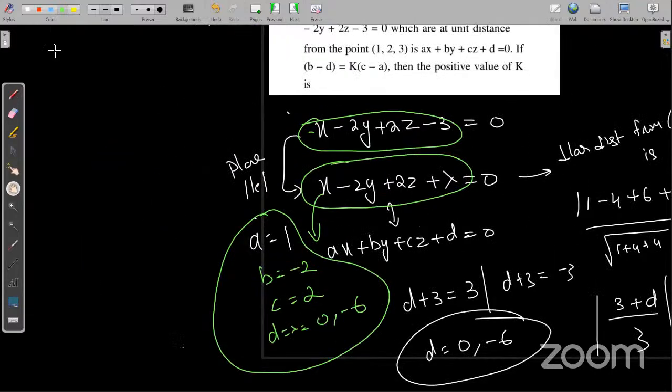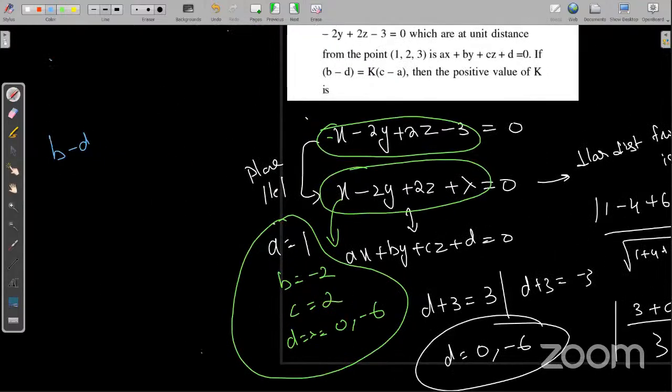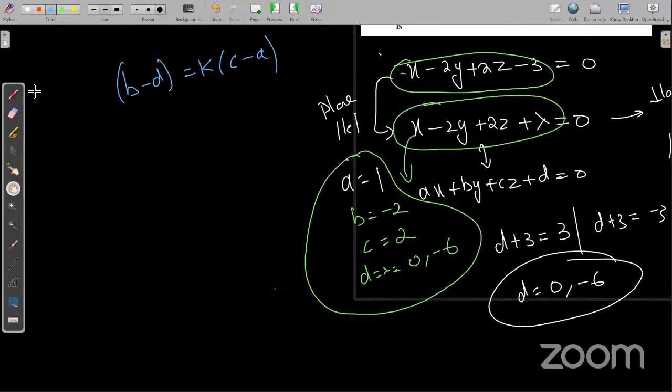Now come to our question. What he has given to us is B minus D is equal to K into C minus A, right? So this is what he has given, and we have to find the value of K. So let us cross check this one.